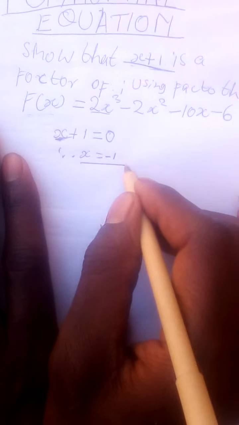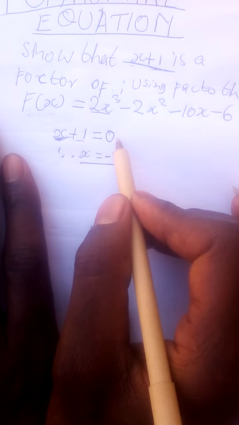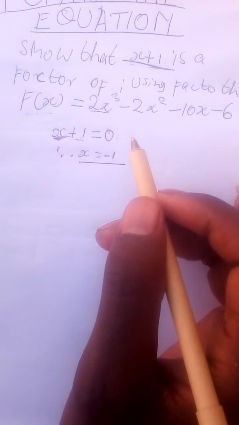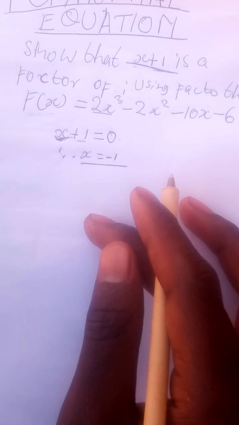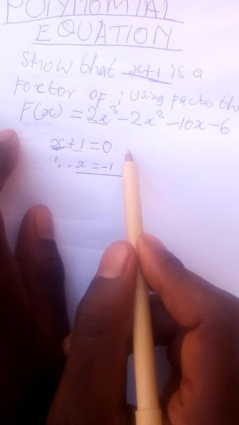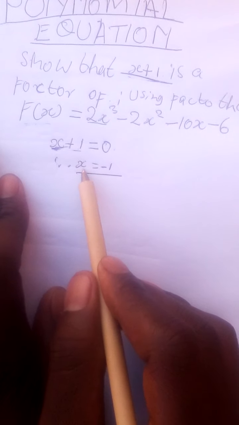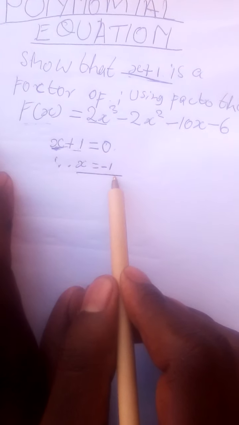Why -1? Because we transpose positive 1 to the right hand side, and wherever you take a number from one side to the other, it changes sign. After we get x equals -1, we substitute x equals -1 in our original equation.